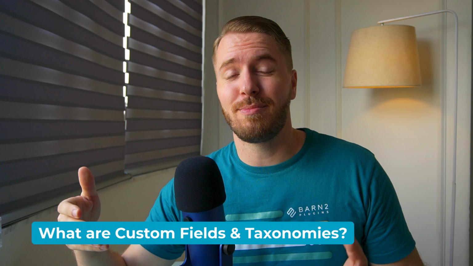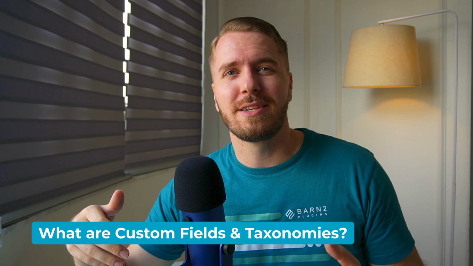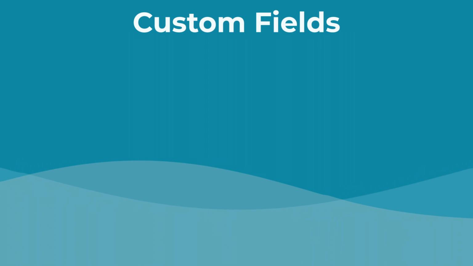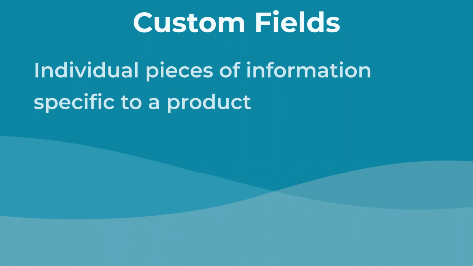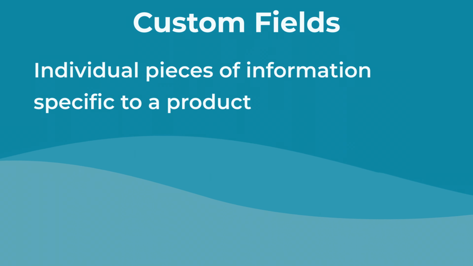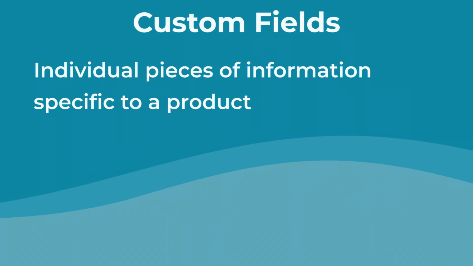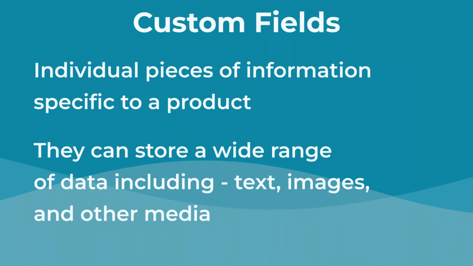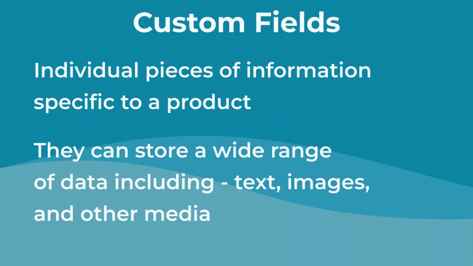It might sound a little bit confusing with all this terminology, so I quickly want to explain the difference between a custom field and a taxonomy. Custom fields, also known as post meta, are individual pieces of information that can be added to your products in the edit screen for each product. They're flexible and can be used to store a wide range of data, including text, images, and other media.